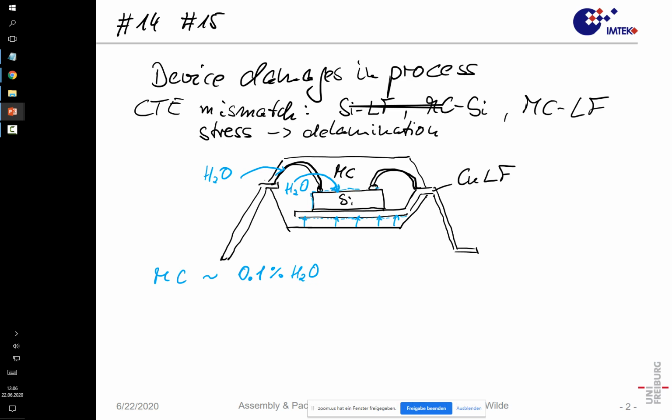In fact, that can lead even to, let's say, moisture films in interfaces below 100% relative humidity. So, water uptake, even below 100% relative humidity.